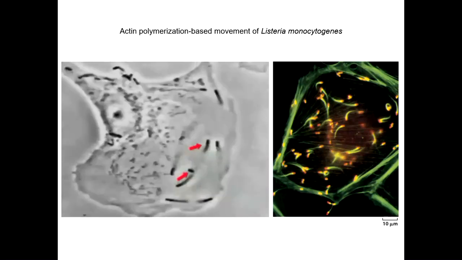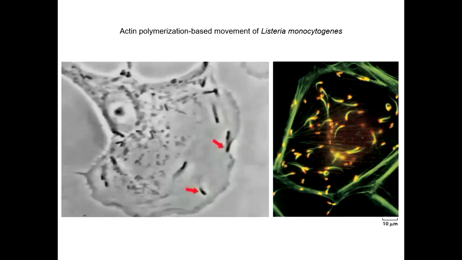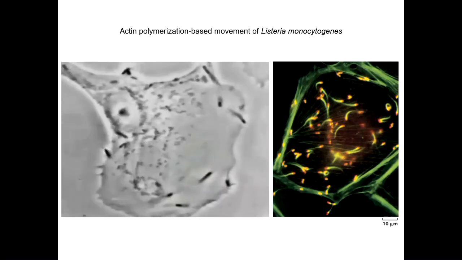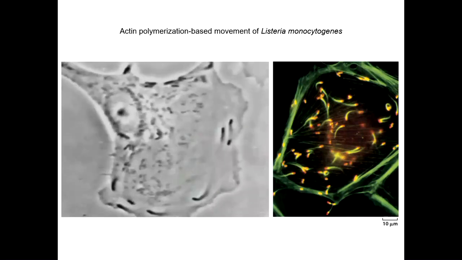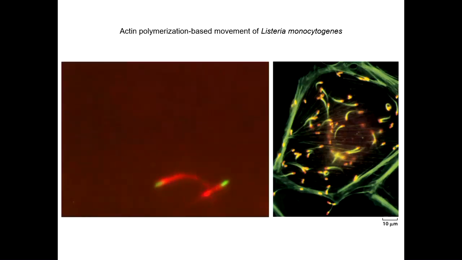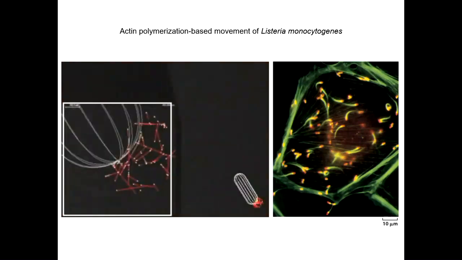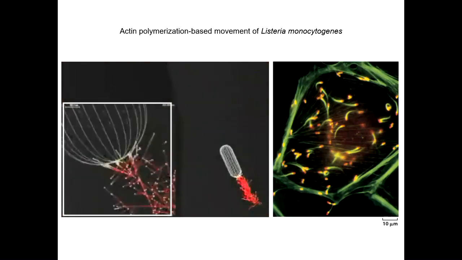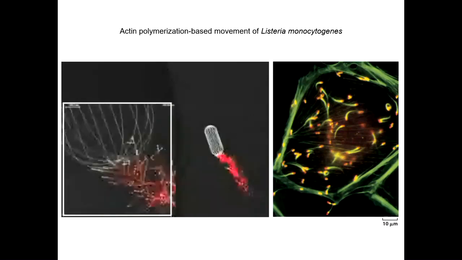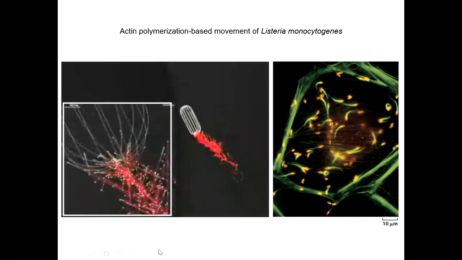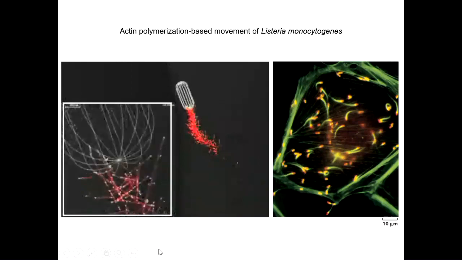Immediately after separation, the two daughter cells assemble their own actin tails and start moving about. These bacteria can also form actin comet tails and move in cell extracts. Here, the bacteria are expressing the green fluorescent protein, and actin is labeled red with a fluorescent dye. The dynamics of the actin tails that propel the bacteria through the cytosol can be modeled based on known biochemical and physical properties of actin and actin filaments.